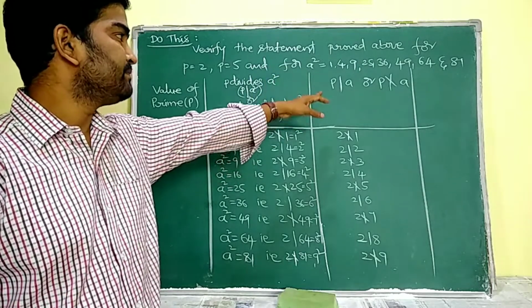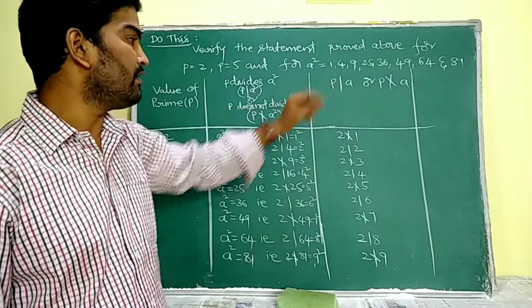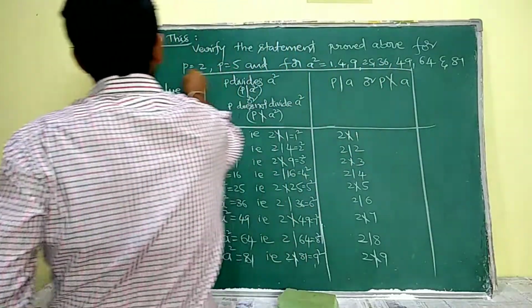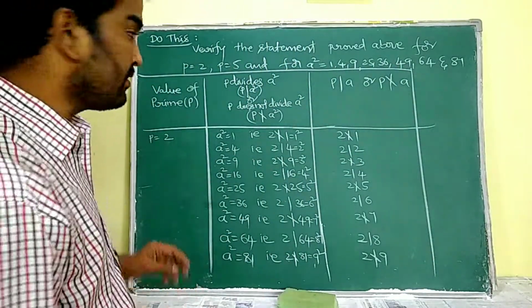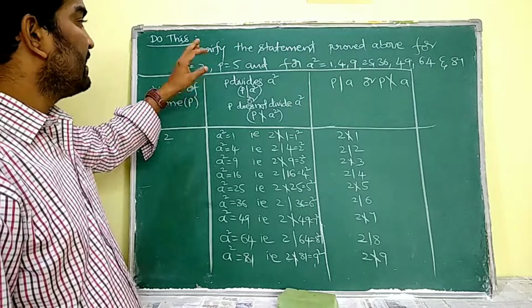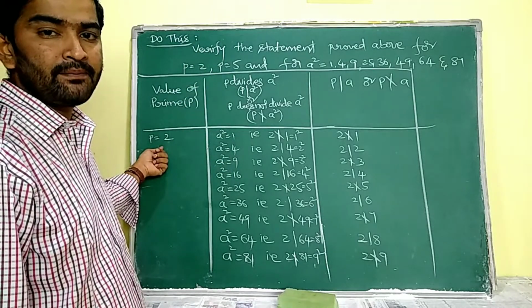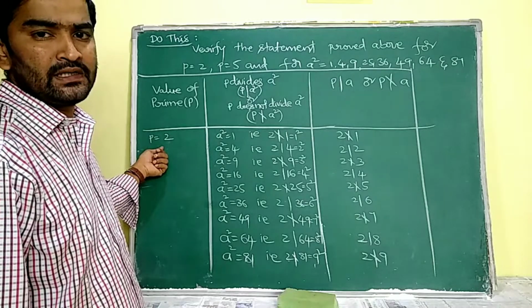Similarly, p divides a or p does not divide a. Like this we have to prepare a table. Now we have to check whether all the a square values are divisible by the given prime 2 or not.